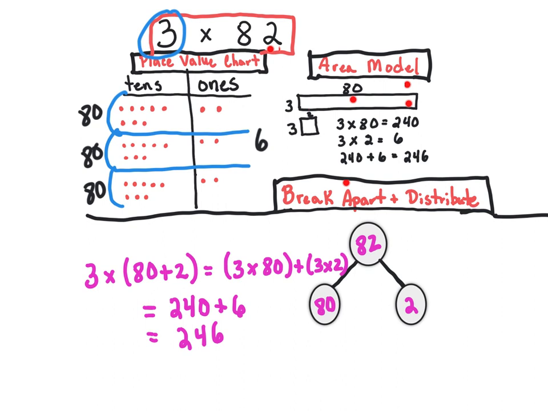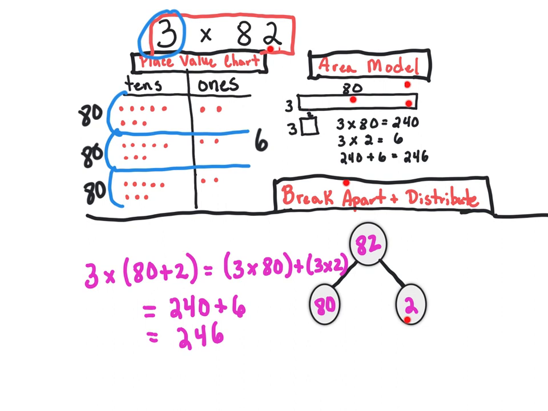Then our last one is the break apart and distribute. This is where we're going to break apart 82. We've got 8 tens, which is 80, and we have 2 ones. We're breaking it apart. Then we come over here and we go to the distributing part.